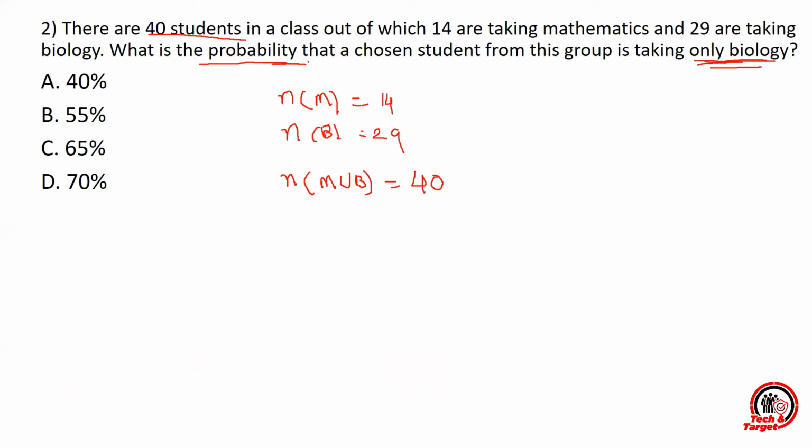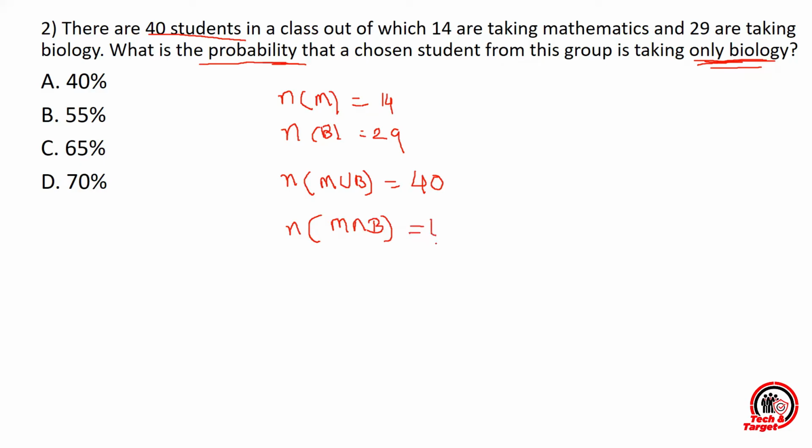Now we have to find out the probability that a chosen student from this group is taking only biology. But before finding the probability, let us find the number of students who are learning only biology. So we have to find M intersection B, those who are reading both mathematics as well as biology.